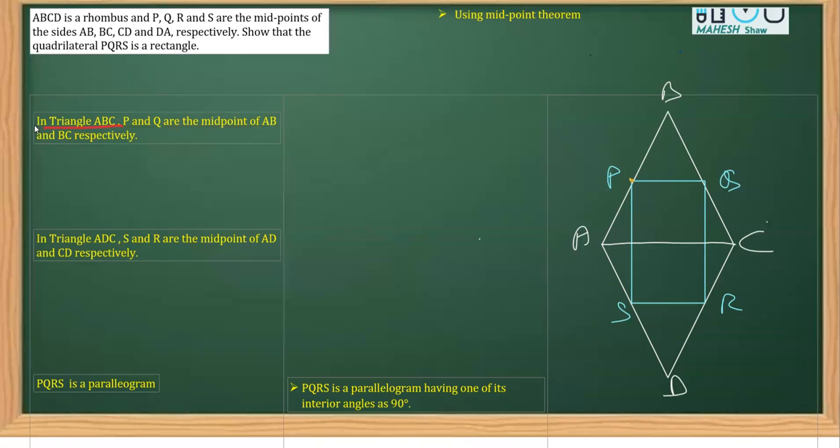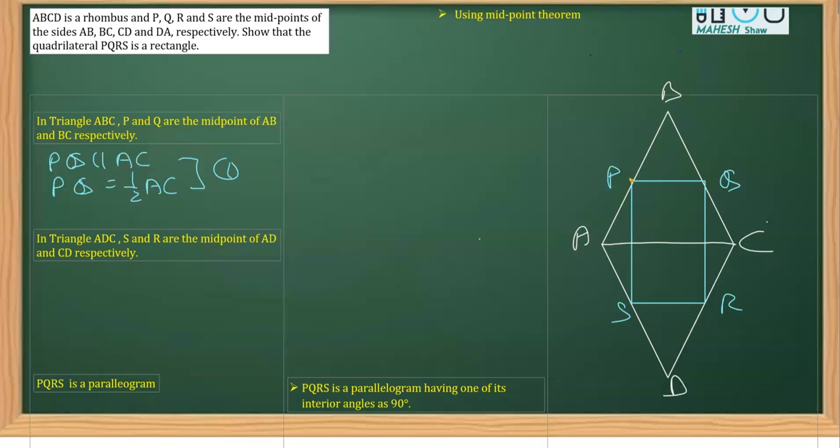So by applying the midpoint theorem, we can say that PQ is parallel to AC, sorry, it's AC, not BC, and PQ is equal to half AC. You can write, using midpoint theorem.